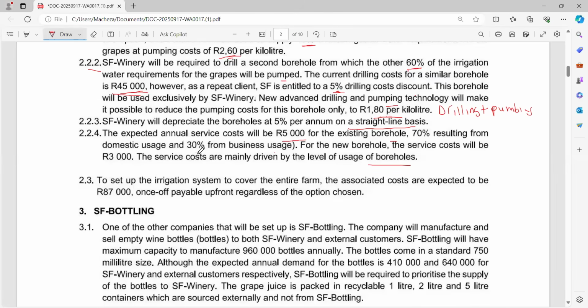So we are going to take the business usage, the 30% here. And for the new bore, the service cost will be 3,000. The service costs are mainly driven by the level of usage. So the new bore, we are going to take everything there, the 3,000. Then from the old bore, we are going to take 30%.